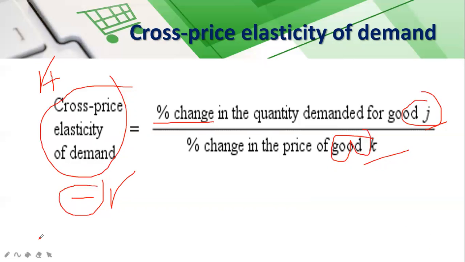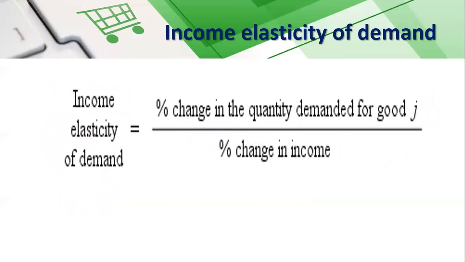Now, let's go to the next one. Let's have the income elasticity of demand. Income also affects elasticity of demand: the percentage change in quantity demanded for good J over the percentage change in income. A good is a normal good if income elasticity is greater than 0.